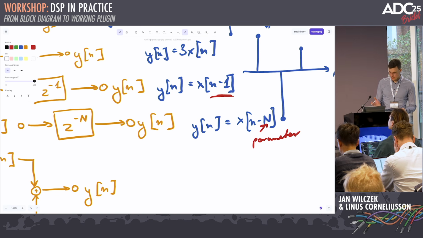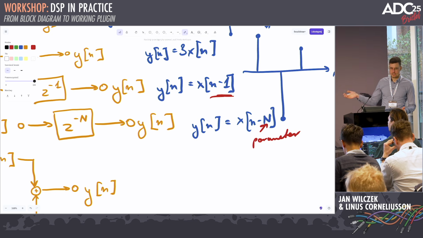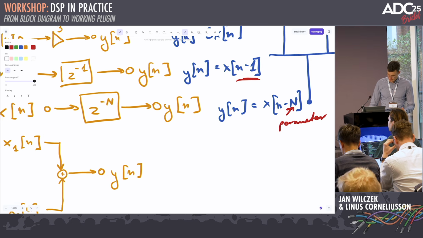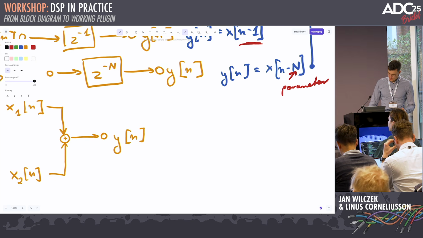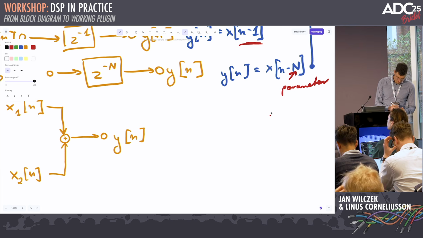So this is yet another level of abstraction. Just above, we had a delay by a single sample. Now we have a delay by a variable number of samples. This is parameterized, okay? And this will come in handy because we have a modulated delay line, right? So the delay length will change.